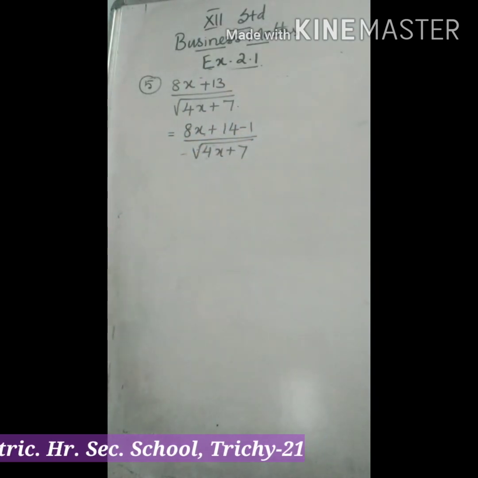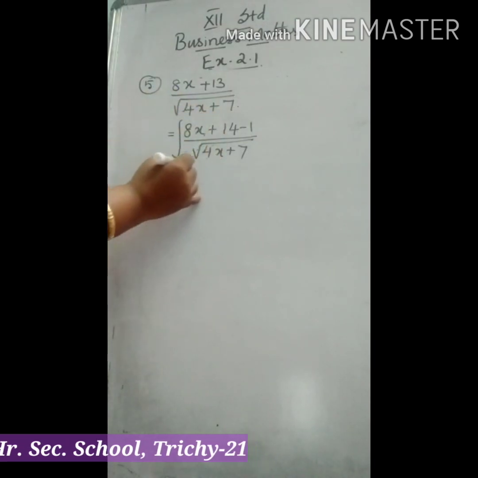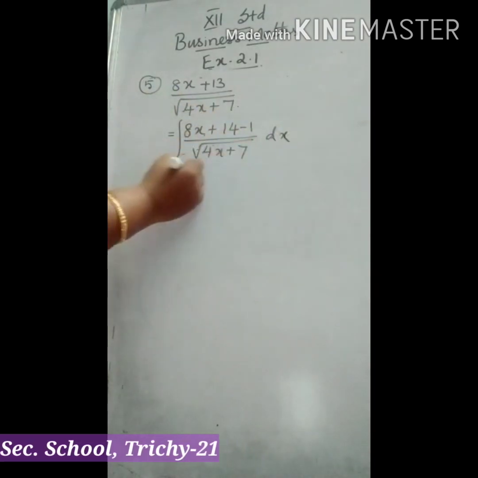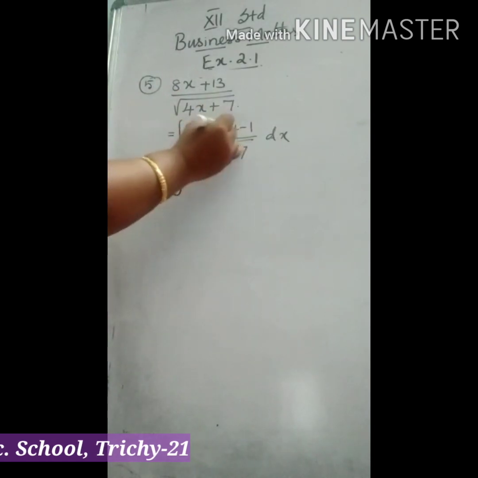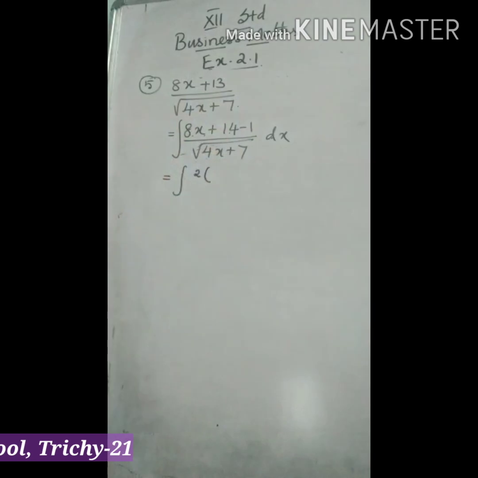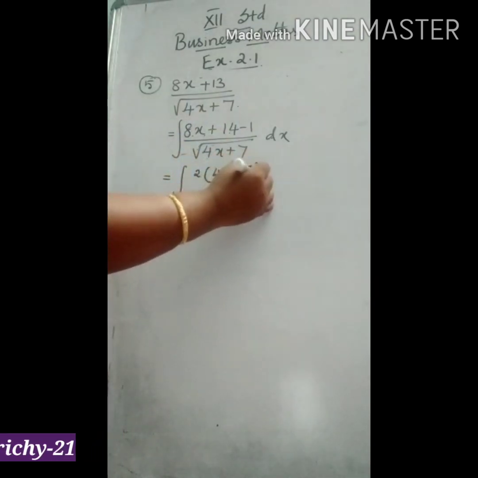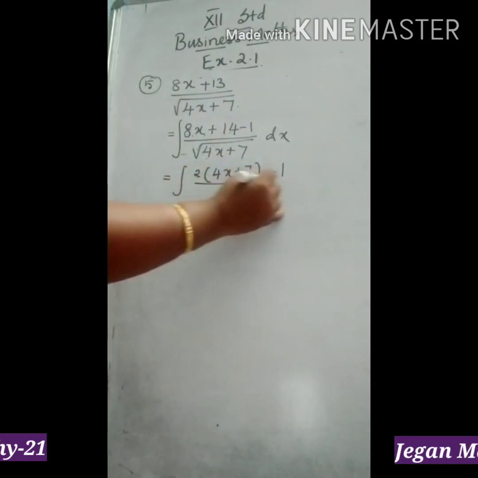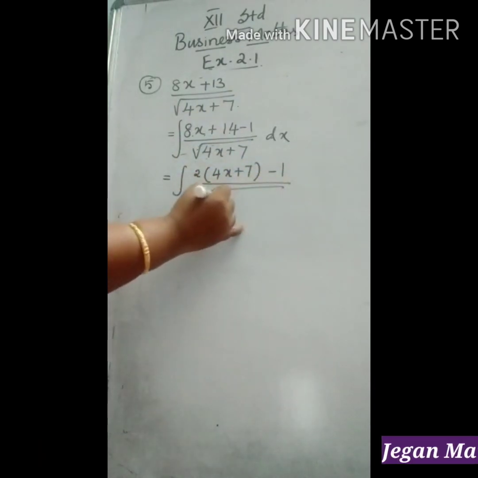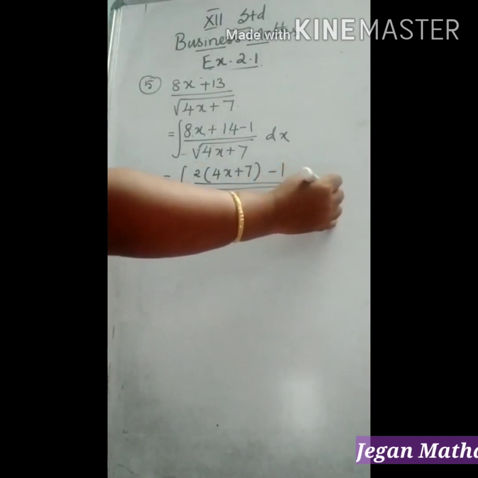Now we have to integrate this, so we write the integral with dx. Taking the common factor for these two terms, 2 into (4x plus 7 minus 1) divided by root of 4x plus 7 into dx.